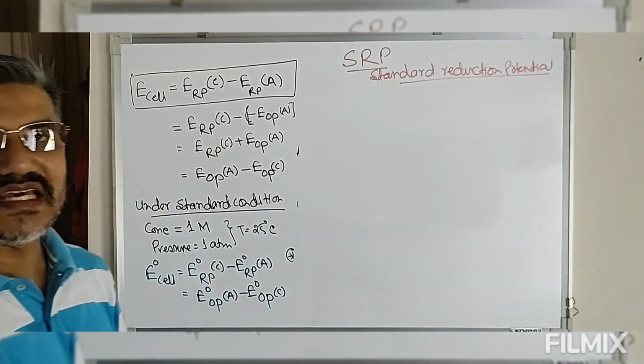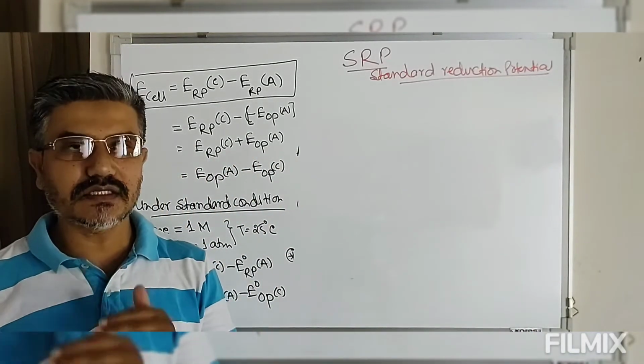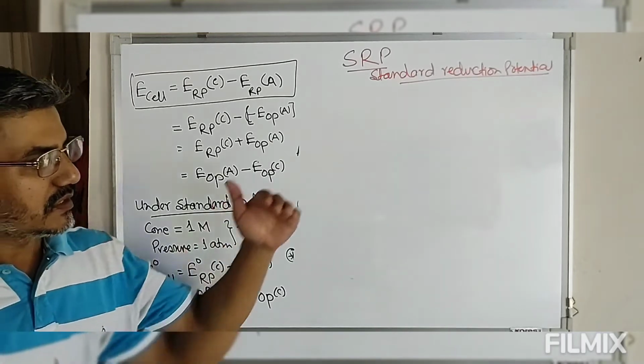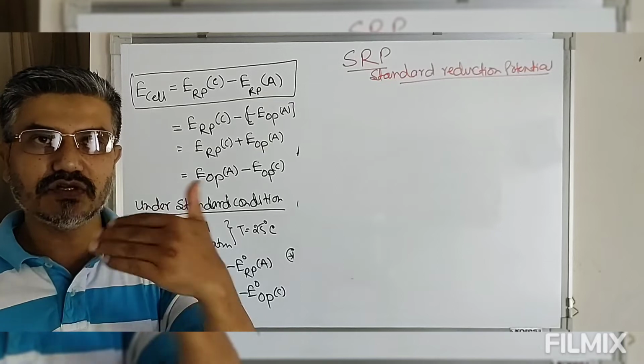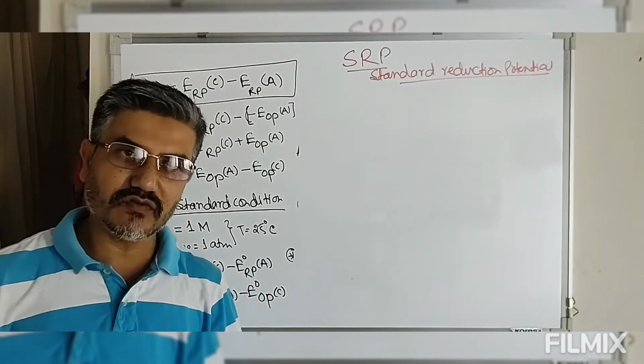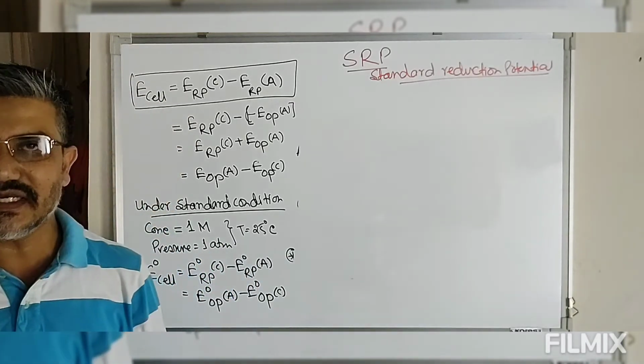Now we have to measure the standard reduction potential of half cells. First we have to define the potential of half cells, then we combine these half cell potentials to get the potential of the complete cell.